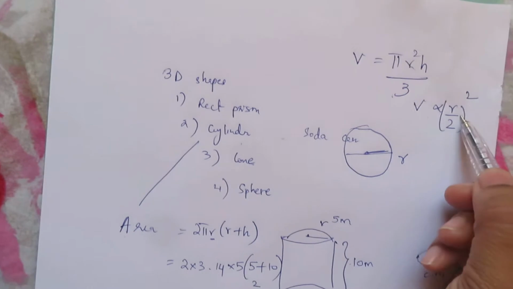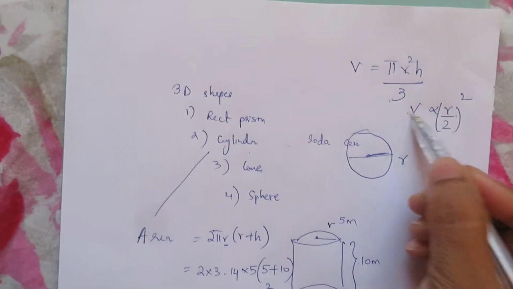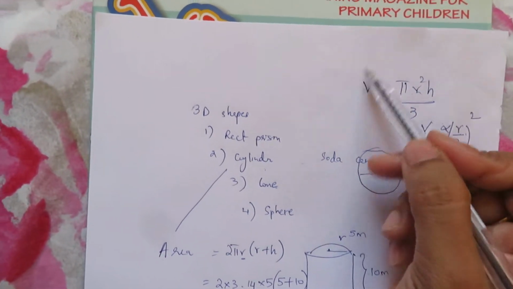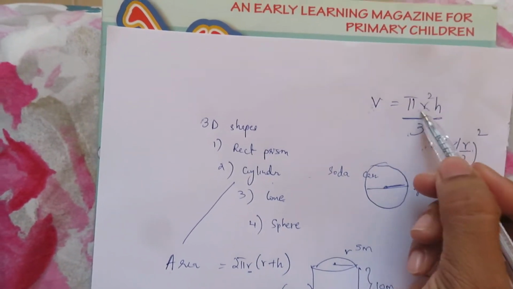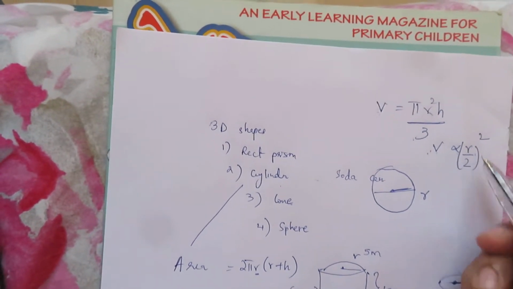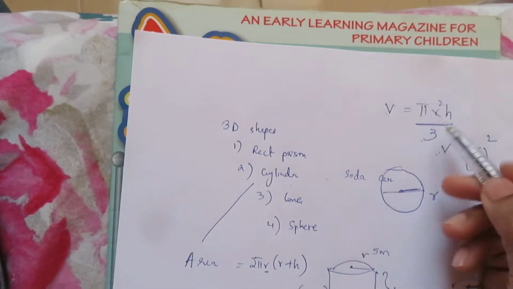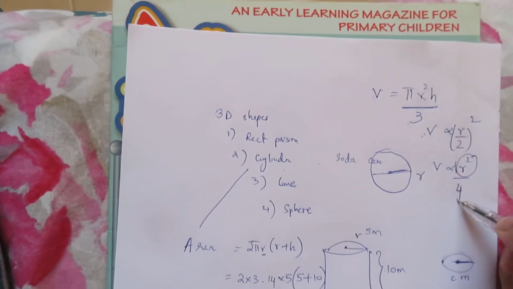Proportional means whatever happens to r, the same thing happens to v. If r increases, v increases. R decreases, v decreases, because both of them are in the numerator, the top portion. You know what numerator is, I hope. Okay, anyway, v proportional to r square by 4 here. So in place of r square here, what do you have now? You have a 1 over 4. So the volume will become 1/4.